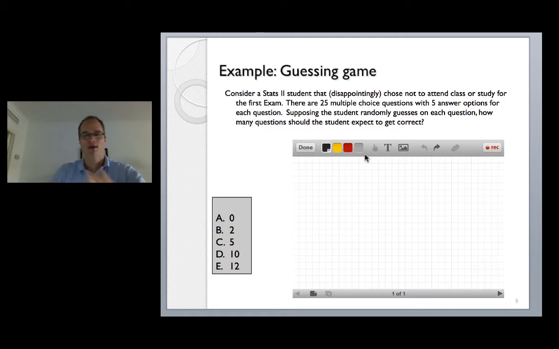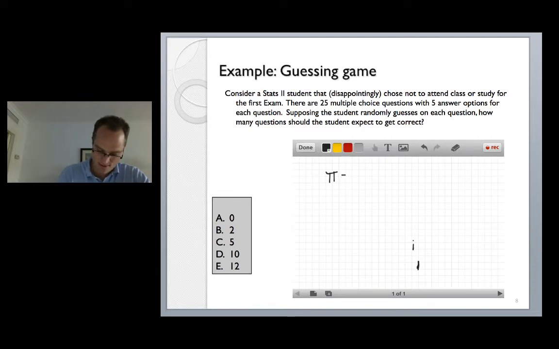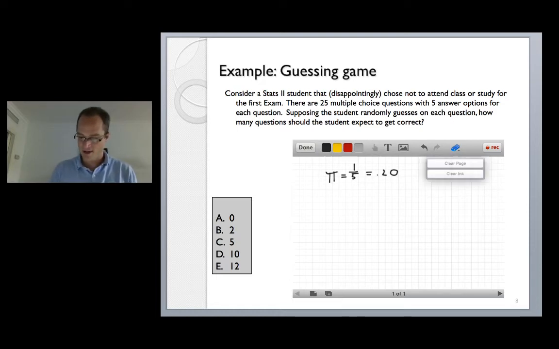Expect to get correct? Well, if the student didn't study and knows nothing about stats, and indeed was just guessing, then the probability that the student guesses correctly is 1 over 5, or 20%, 0.2. That's the population probability of getting an answer correct, the parameter value pi.